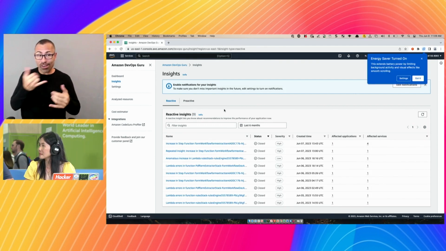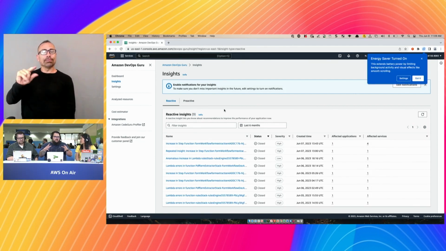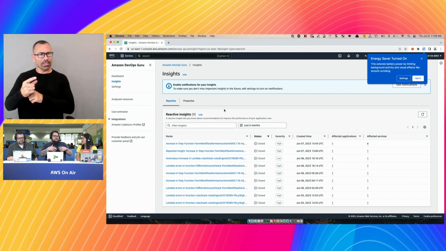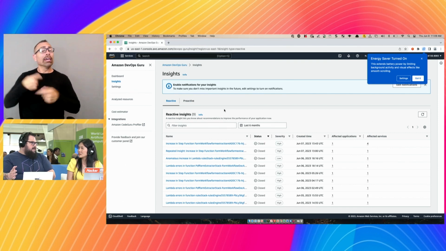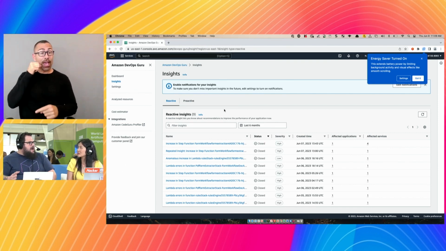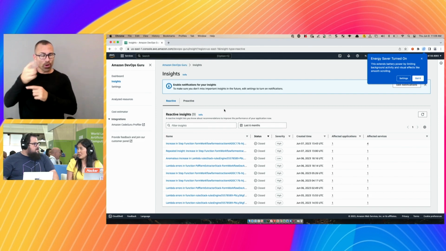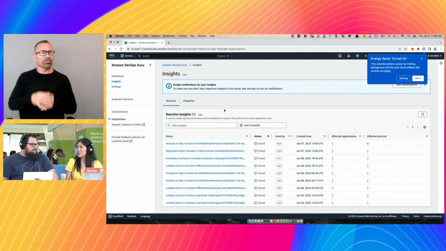And this isn't requiring custom tooling to be created, or a customer to code their application to provide these insights. These are using Amazon and AWS native services to create these insights based on common patterns. How is it doing that? It's a machine learning model.